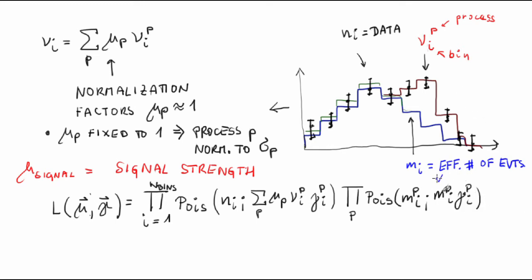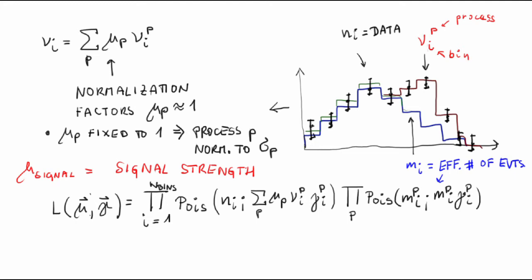In the formula, m_pi stands for the effective number of events in a bin i of a histogram corresponding to a process p. Effectively, each Poisson term represents an auxiliary measurement of the effective number of events whose goal is to determine the parameter γ_pi.